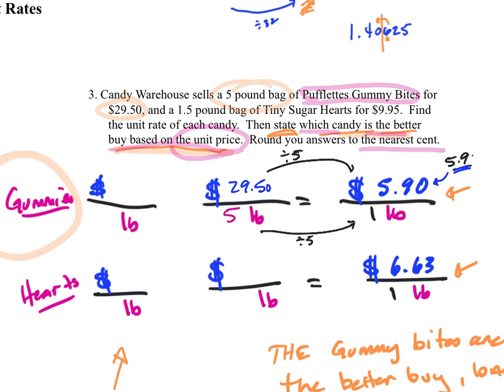And then when I look at the hearts, they're $9.95, right? So that's where I'm going to put here, $9.95 for 1.5 pounds. So I put 1.5 here. Now, of course, I'm going to try to get to 1, right? That's always the goal. So I'm going to divide by 1.5. And hopefully by now you're seeing a pattern, which means now I got to divide this by 1.5.